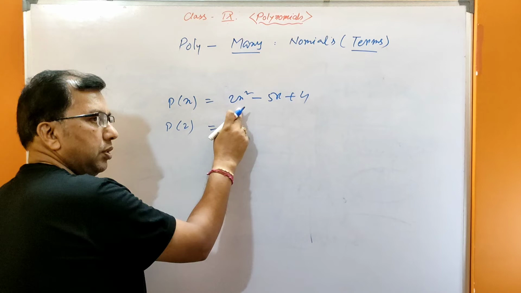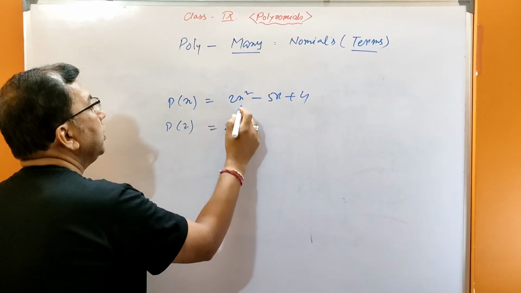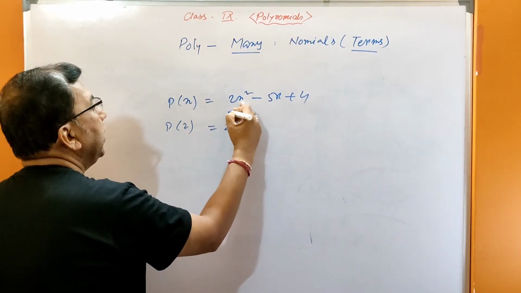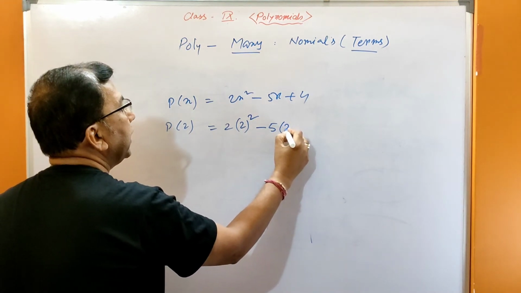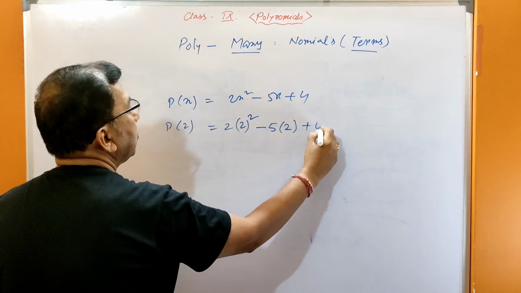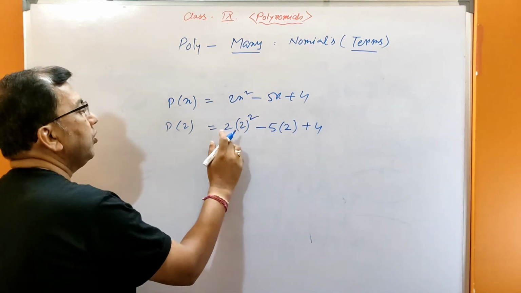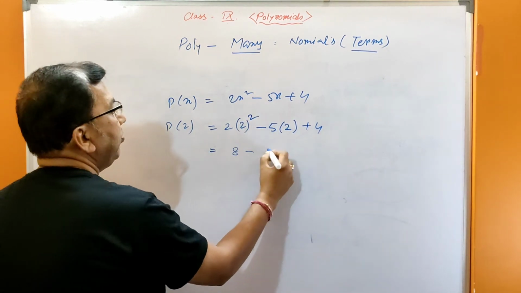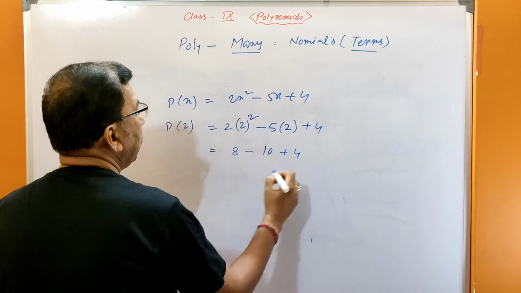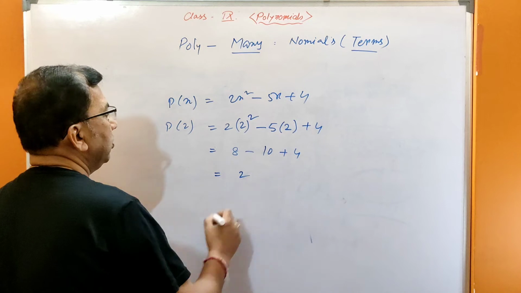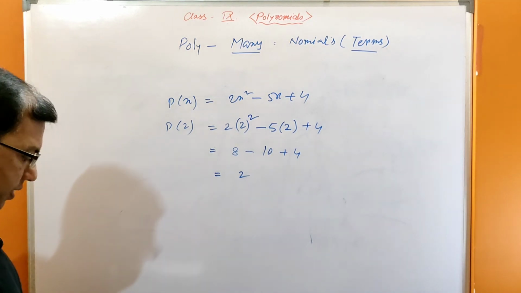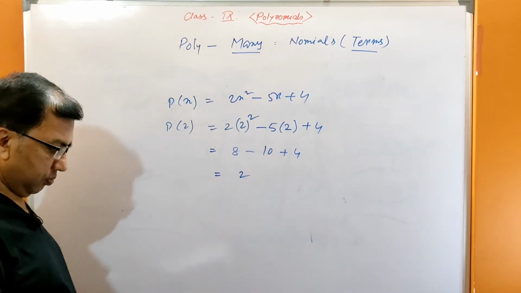You have to give the value in case of x equals 2. Here x square is 2 square, minus 5 into the value of x which is 2, plus 4. 2 fours are 8, minus 5 twos are 10, plus 4. So 8 plus 4 is 12, minus 10, 2. So what will be the value of p(2)? 2. Clear?